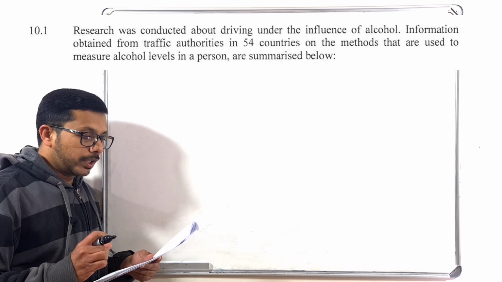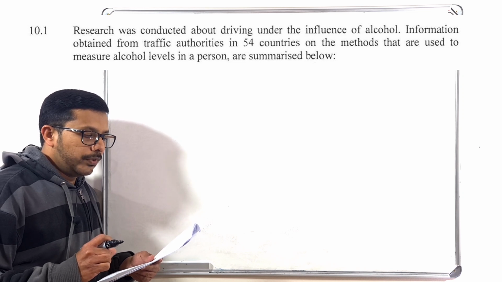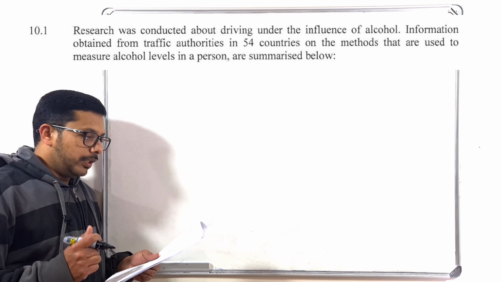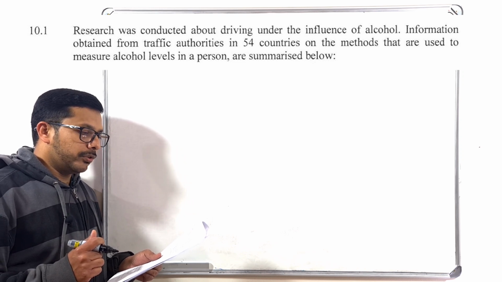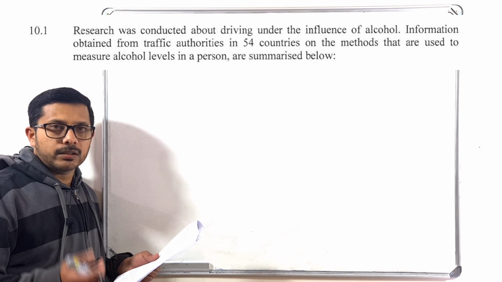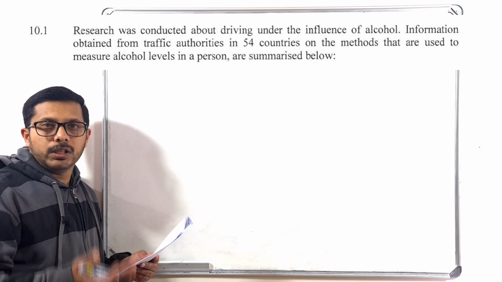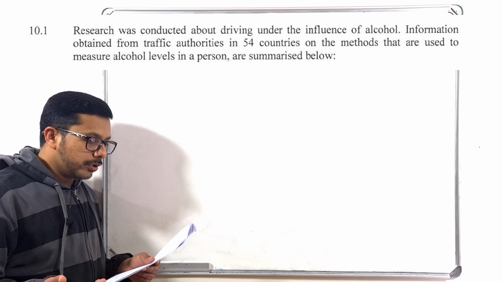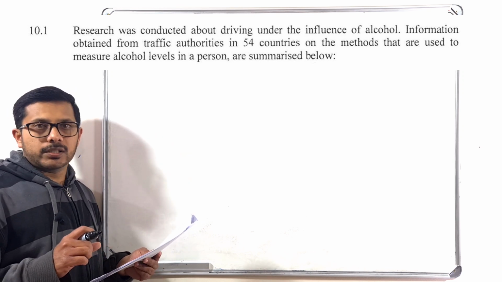So total how many countries are we talking about? 54 different countries.